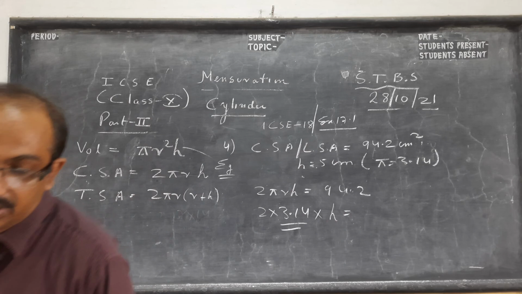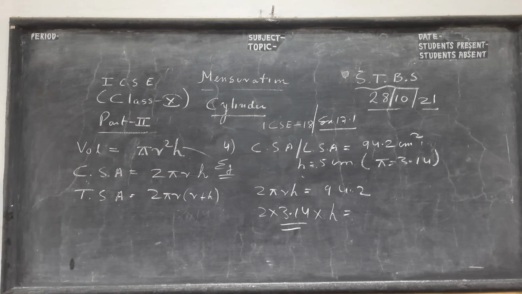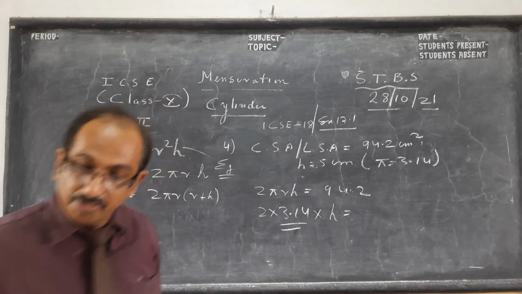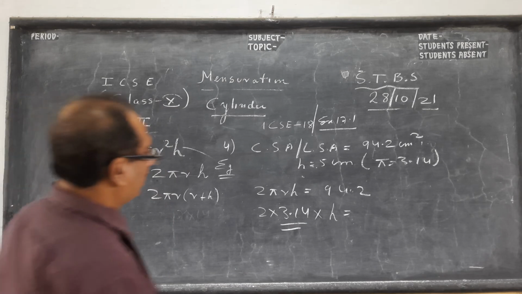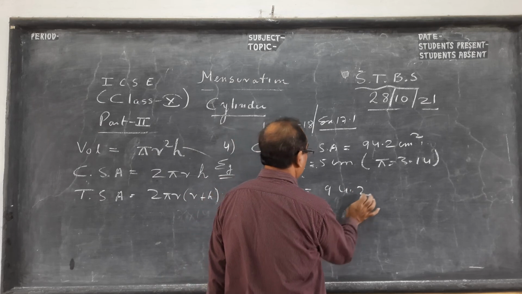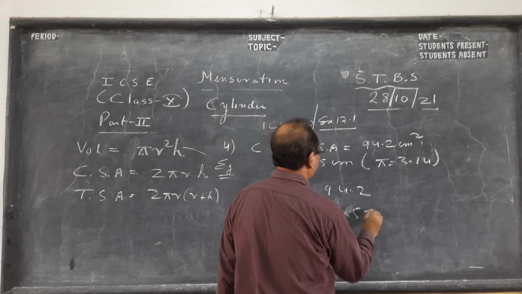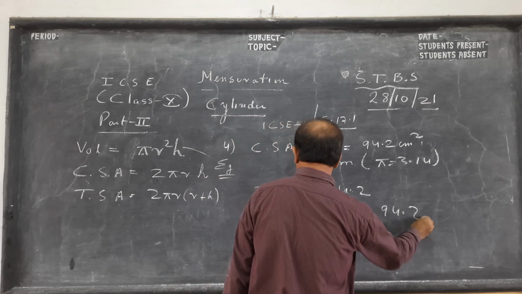If you see the question, we have to find the radius of the base. Okay, so h is given. Sorry, h is given as 5, not r. Height is h, so h is 5. R we have to find.